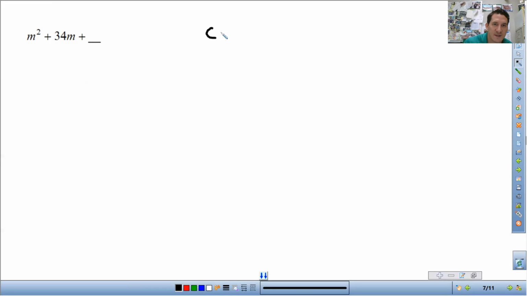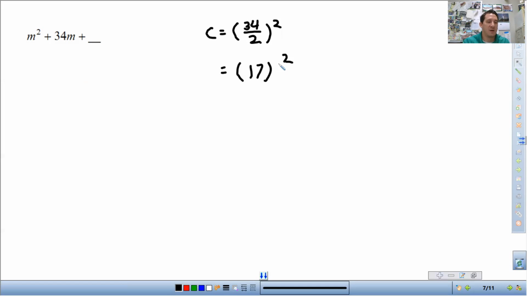Let's find the c value. c is equal to the middle number, so 34 over 2, squared. 34 over 2 is 17, squared. 17 squared is 289. So 289 makes it the perfect square trinomial.